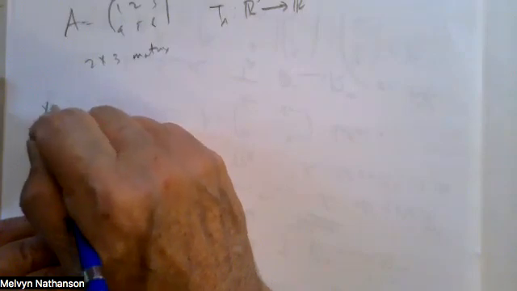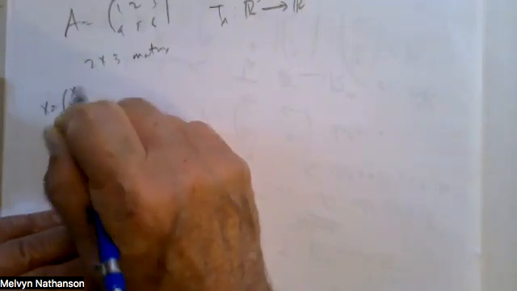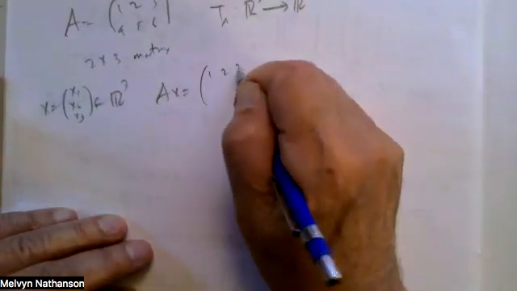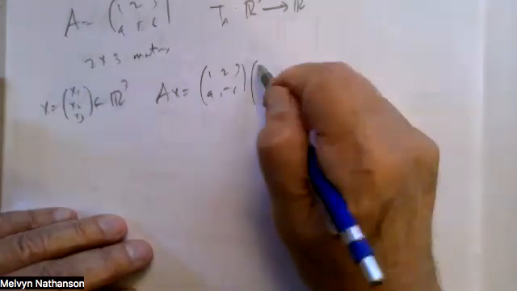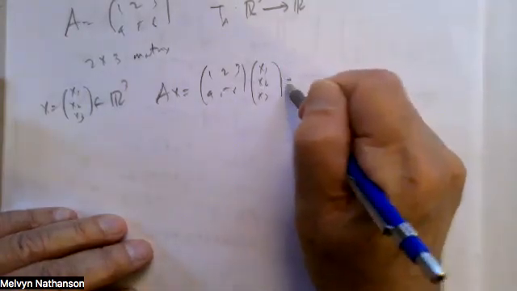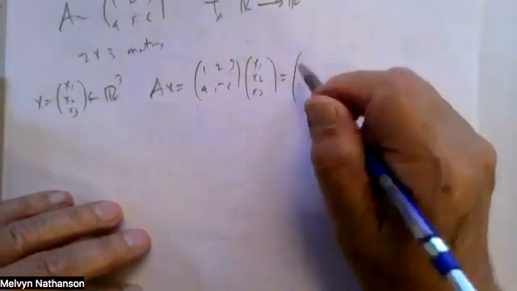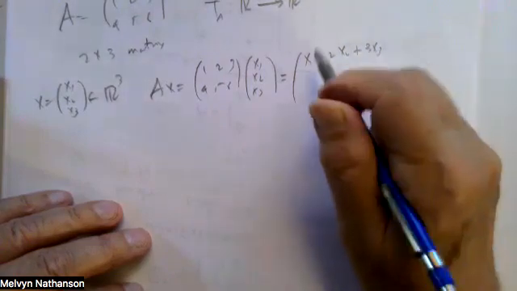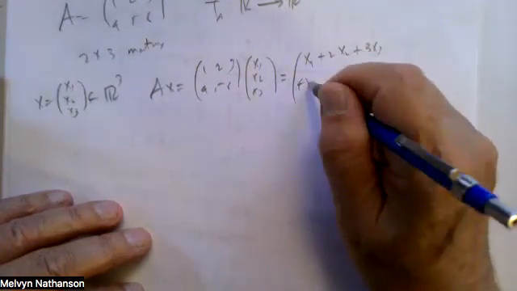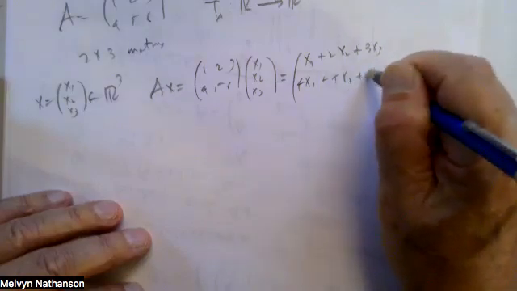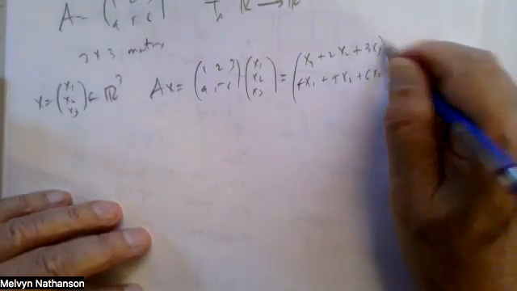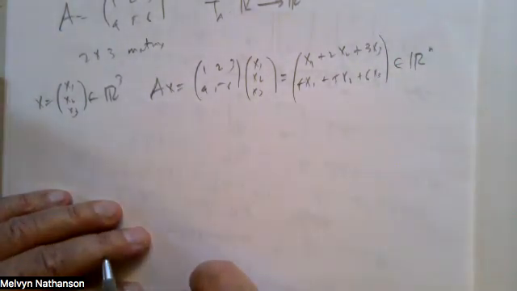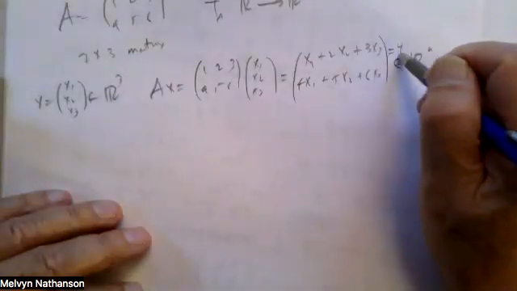If you take x to be x1, x2, x3, any vector in R3, Ax is the matrix times the vector. And you know matrix multiplication very well by now. This is x1 plus 2x2 plus 3x3, 4x1 plus 5x2 plus 6x3. And this is a two-dimensional vector. This is in R2. Right? This is my vector y in R2.